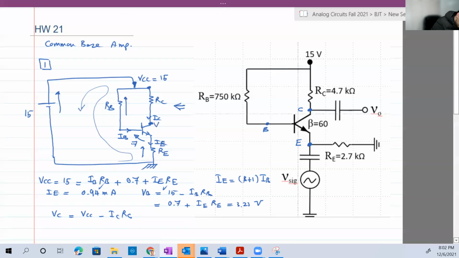So VC here is equal to this point minus the voltage drop across the resistance, ICRC. If you do that, of course, IC is approximately equal to IE. Okay. So if you do that, VC will be 10.58 volts.